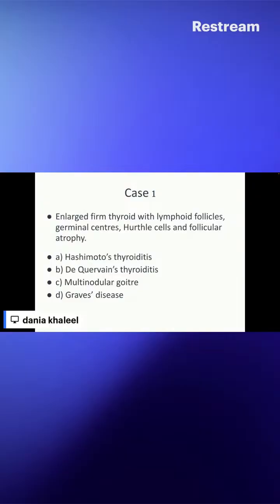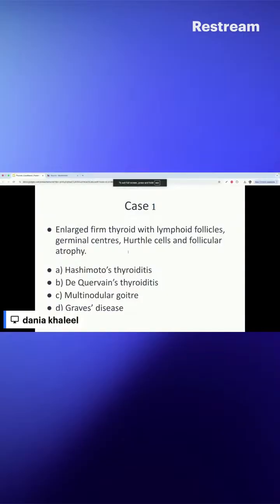Enlarged firm thyroid with lymphoid follicles, germinal centers, Hurthle cells, and follicular atrophy. Just put whatever comes into your mind. I'm going to stay for just a bit, and then we'll answer.